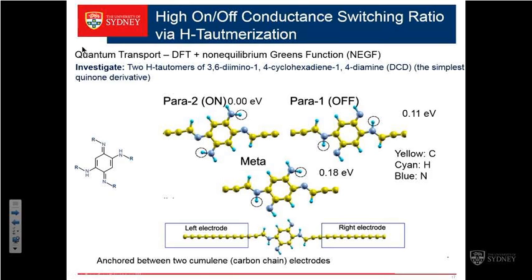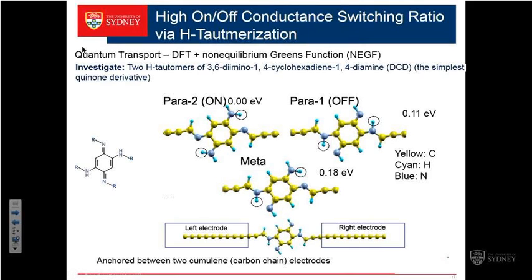So the idea is that in a particular state, you may allow conduction through your molecule, and if you have control and are able to switch the position of this hydrogen atom to be bonded to this atom here, and the same over here, this one has now gone over to this one, does that change the conductivity of your device?